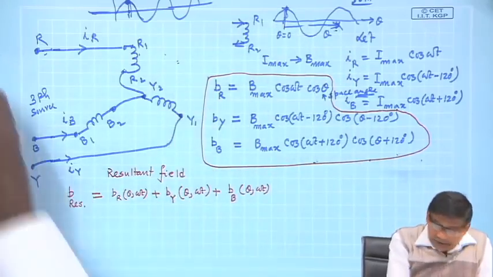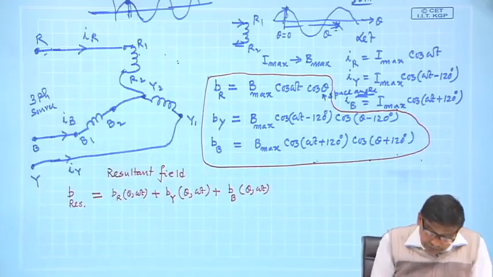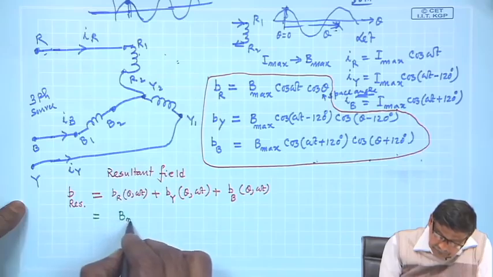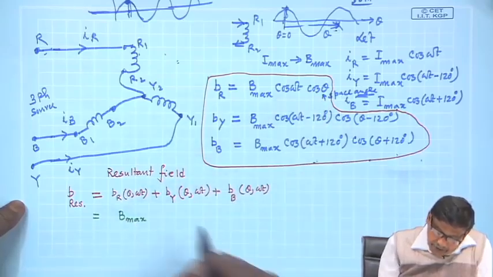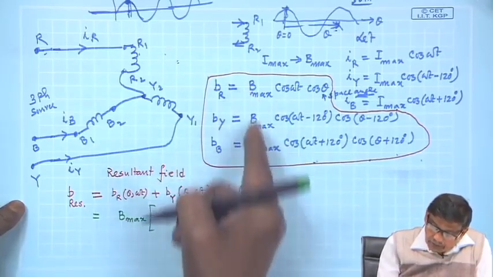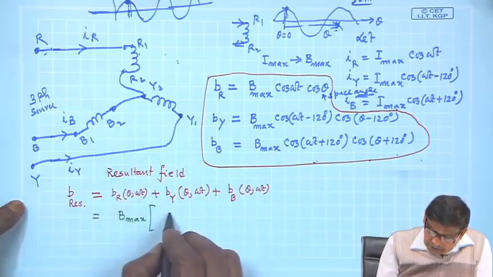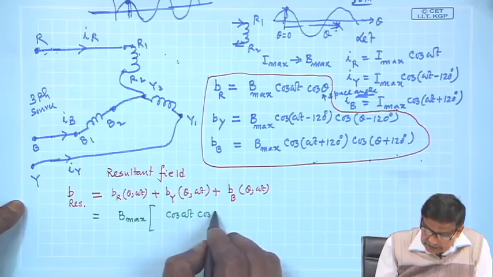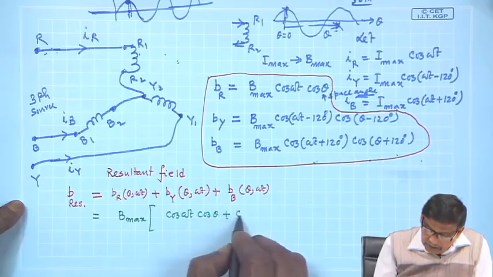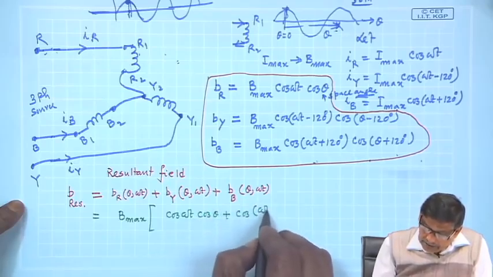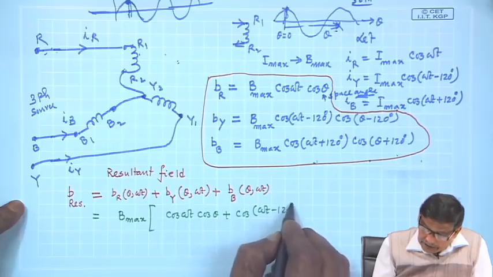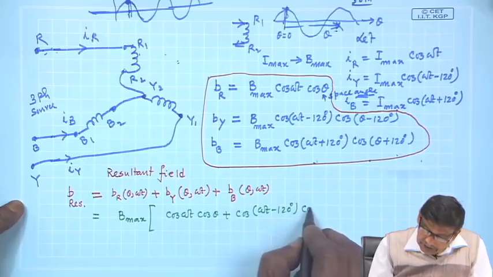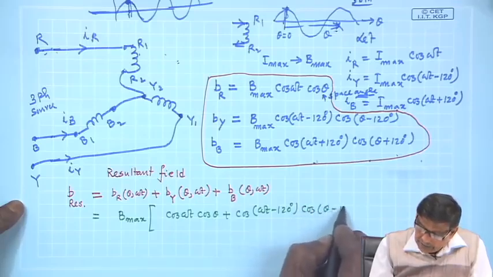So, you will write it like this: it will be B max, if you add them up, this is common to all, take that out, and it will be cosine omega t cosine theta plus cosine omega t minus 120 degree, cosine theta minus 120 degree.